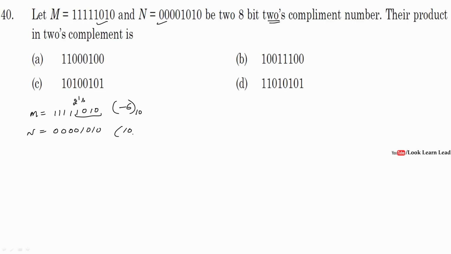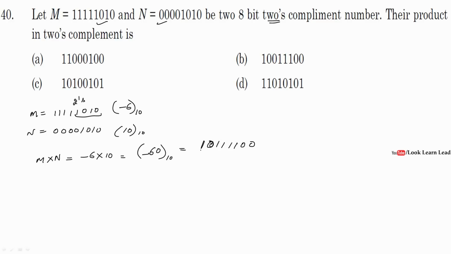It is 10 in 2's complement. So m cross n would be minus 6 into 10, which is equal to minus 60 in decimal. Now we convert it into binary form. So it would be 0 0 1 1 1 1 0 0, and it is minus 60.